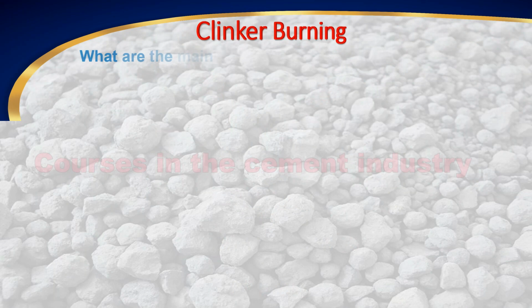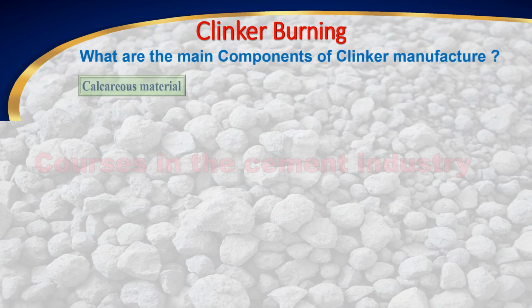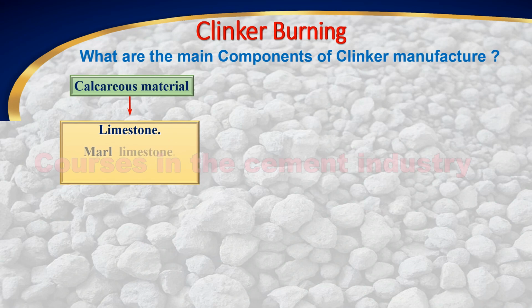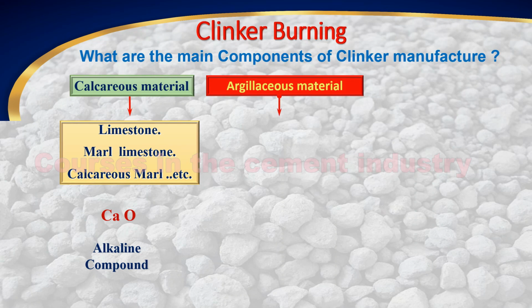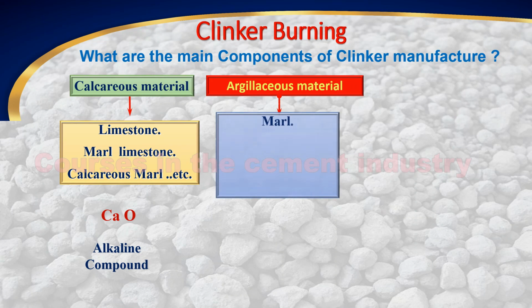What are the main components of clinker manufacture? Calcareous material, consisting of limestone, marl limestone, calcareous marl. The chemical symbol CaO. Alkaline compound. Argillaceous material, consisting of marl, argillaceous marl, marl clay. Clay.